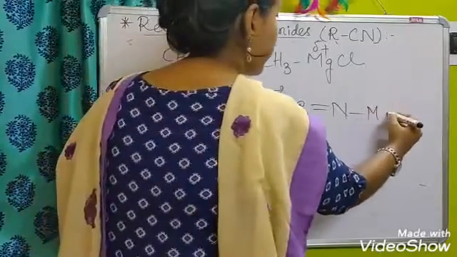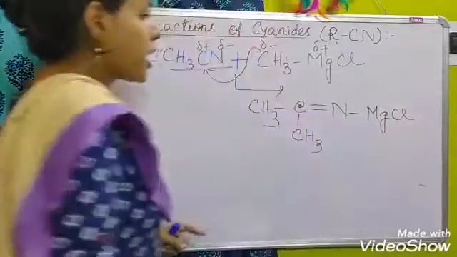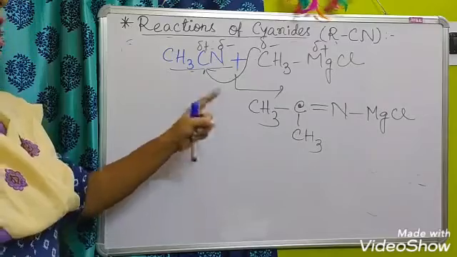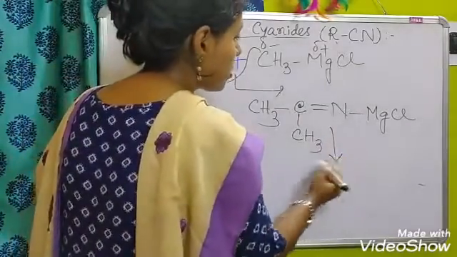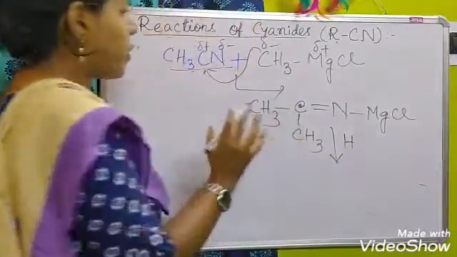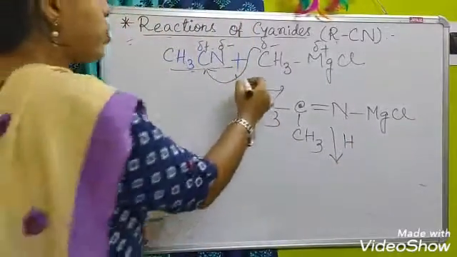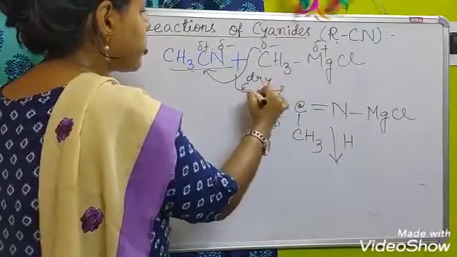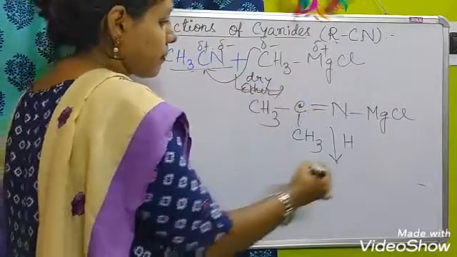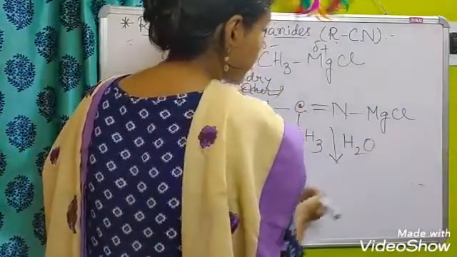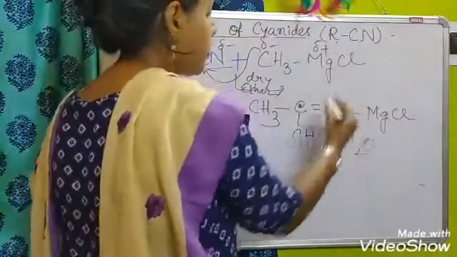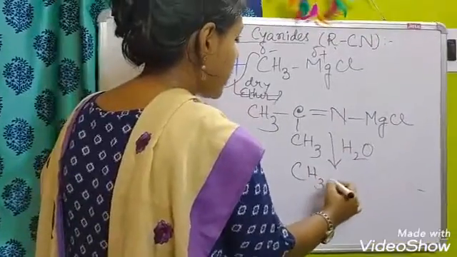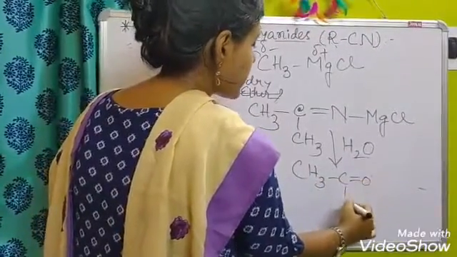So double bond N, single bond MgCl. One thing here: this reaction we have to do in dry ether medium. After that, hydrolysis in presence of acidic medium. So again, removal of this group, and it will be converted into a ketone, that is acetone.